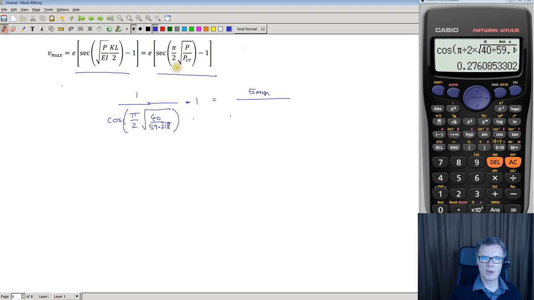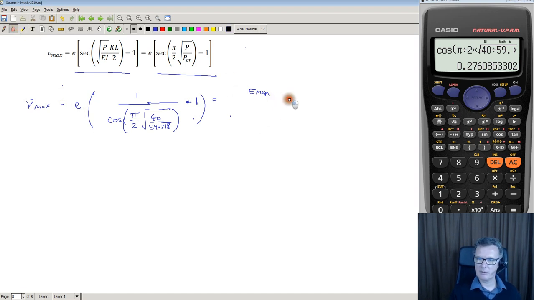Right, so the sec becomes 1 over cos, then we have the -1, then we put all brackets around here, then the e comes here, and then the deflection is there. Sorry about that.